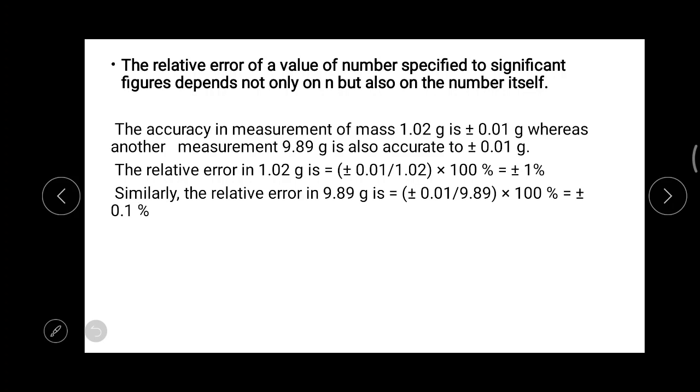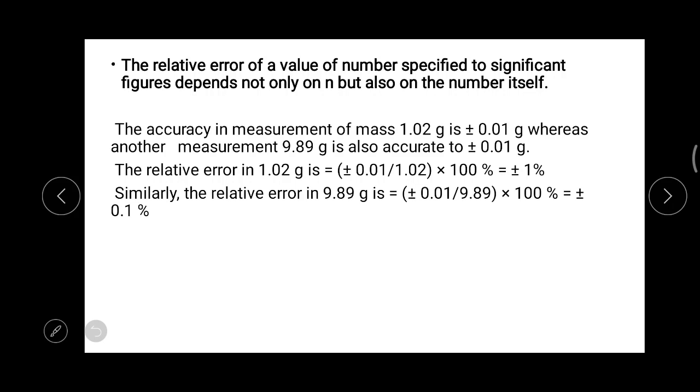It depends upon the measured value. One example, it is given that the accuracy measurement of mass 1.02 gram is plus or minus 0.01 gram. Where you can see that the significant figure number is 3.